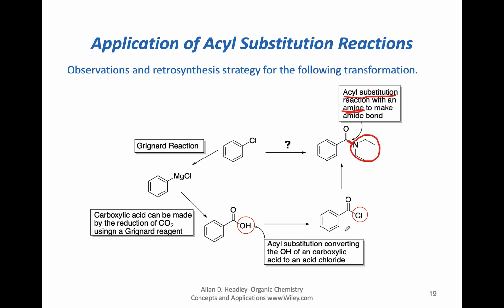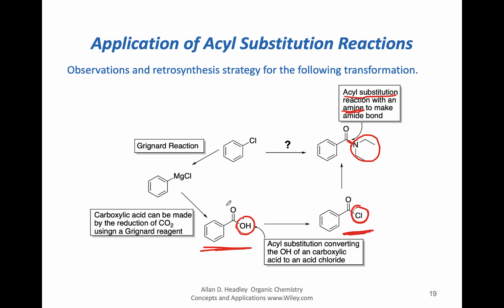So if we had this, an acid chloride, we can react this with the amine to get that. Now the question is, how do we get an acid chloride? You know how to get an acid chloride because you can react a carboxylic acid like this using thionyl chloride or oxalyl chloride to convert this OH here to a better leaving group.